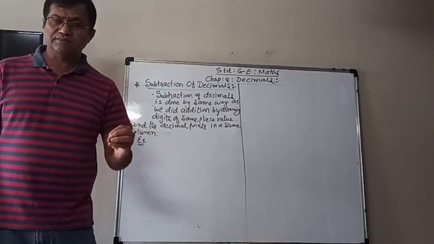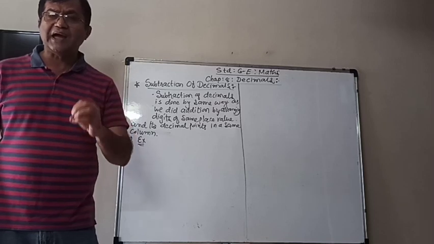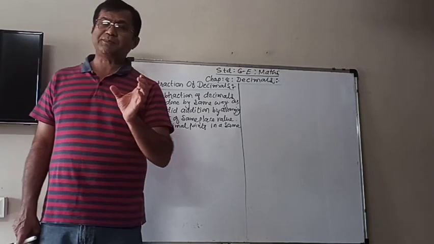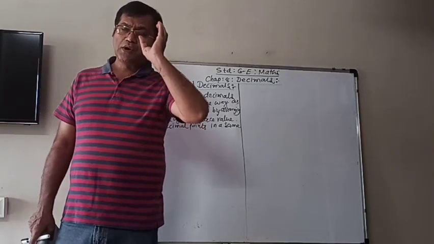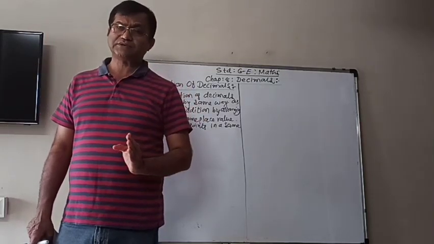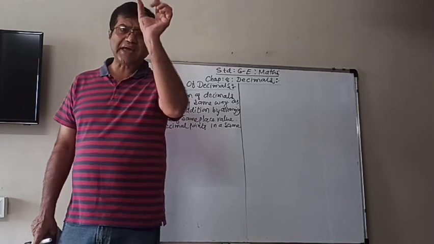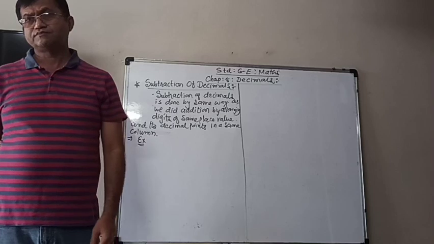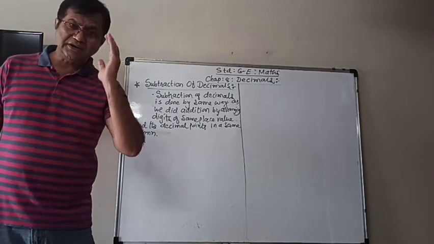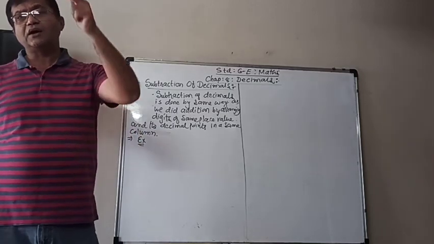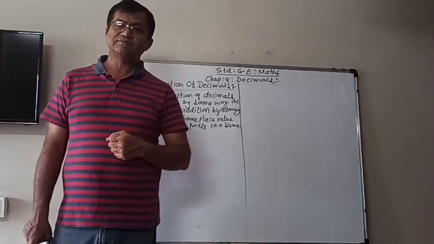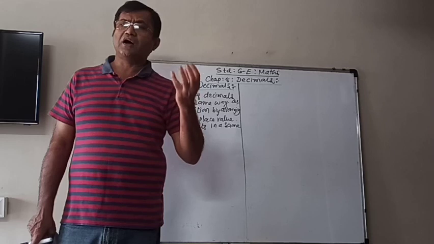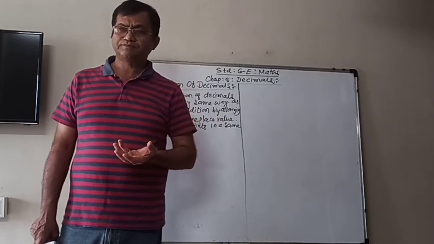That is the same thing as we do when we add decimal numbers. Just we have to keep in mind to put the digits of the same place value in the same column, decimal point under the previous decimal point, and then subtract as we do with whole number subtraction.